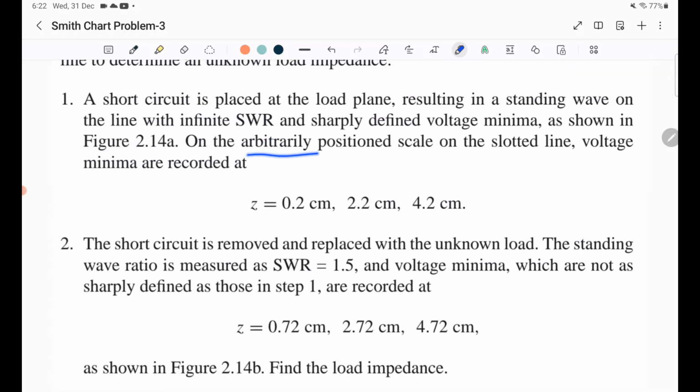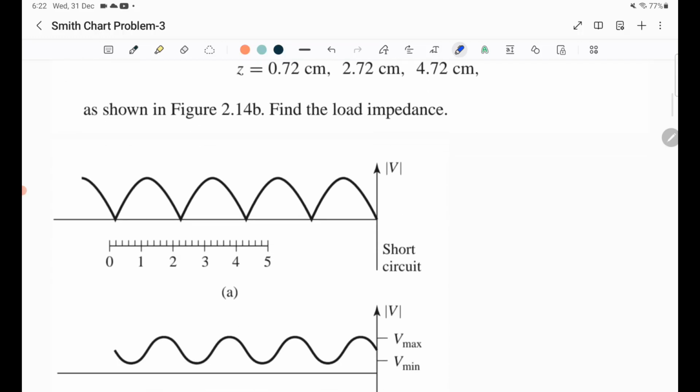On an arbitrarily positioned scale on the slotted line, the voltage minima are recorded. So this is a slotted line section. This is the scale on the slotted line, which is arbitrarily placed, and on this scale the voltage minima have been recorded, and the recorded voltage minima are at 0.2 cm, 2.2 cm and 4.2 centimeters.